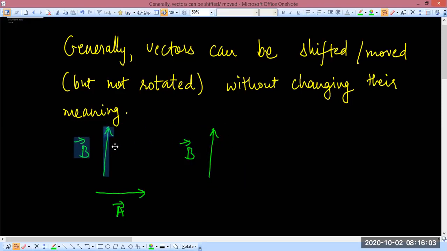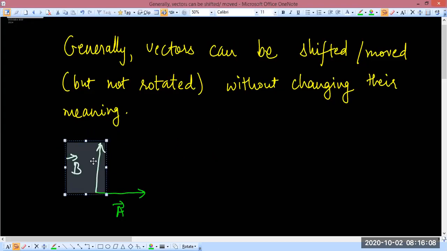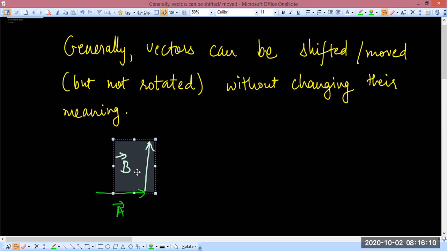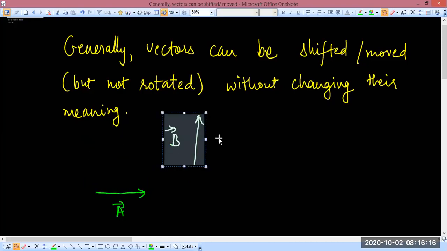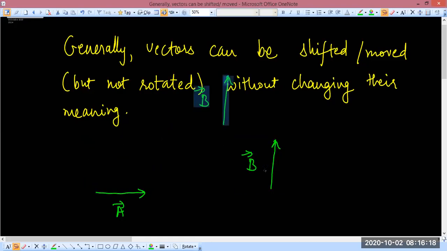I can put it here if I want, or here, or here. I can put it wherever I want. I can move it there, but its meaning will not change. The vector itself will not change. So here it is b vector, there also it will be b vector.